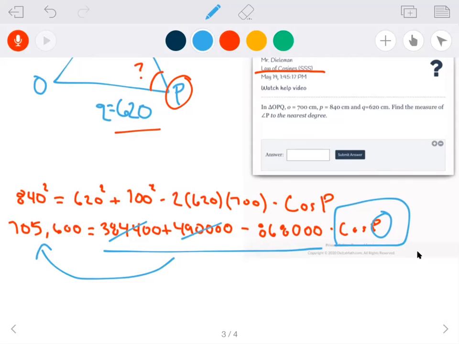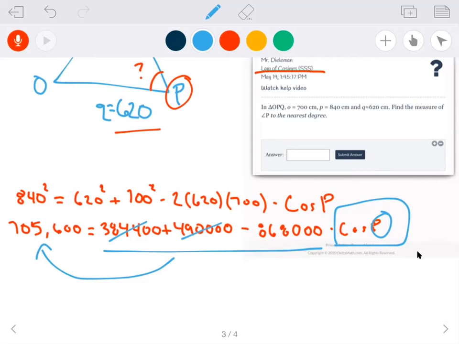From here, we are going to subtract each of those from 705,600. 705,600 minus 384,400, and then I'm going to subtract 490,000 as well.